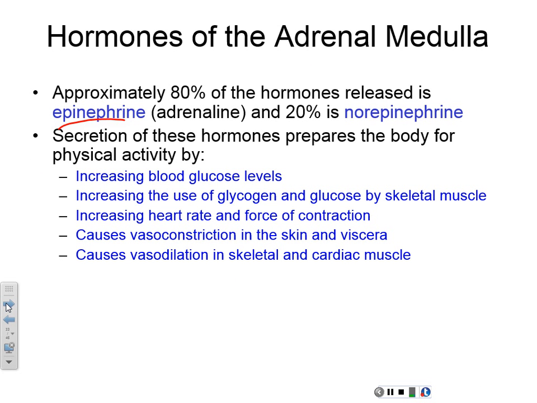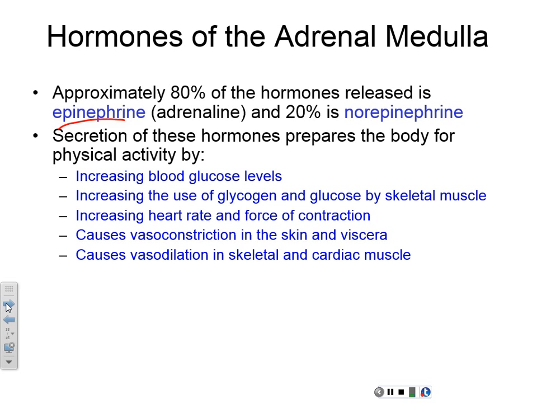Increases blood glucose when you gotta run away from a lion or something. It increases more blood to the muscles. It does all those things. Increases your heart rate so that you pump more of these nutrients when you're running away from something. Just like when you're jogging on the treadmill, right? Your heart rate is going up. Okay, you need more oxygen. Your respiratory rate is going up, so you suck in more air, right?